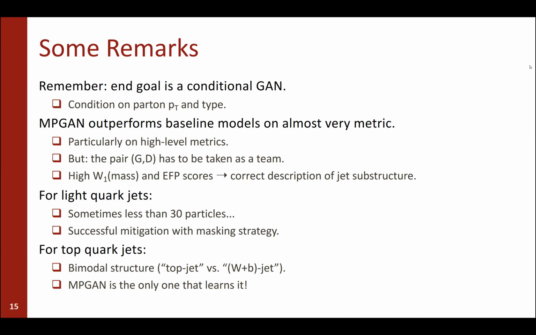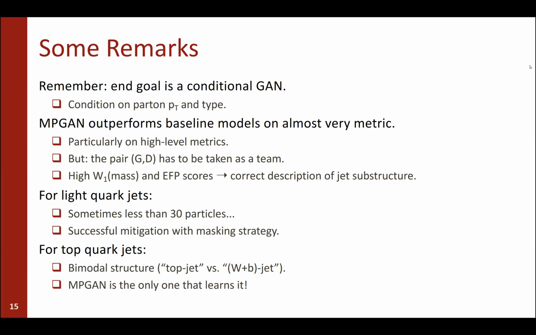It's pointless to try to use one generator with a different discriminator. For the light quark jets, we managed to successfully use the masking strategy and teach it to the MP GAN. And for the top quark jets, we saw that only the MP GAN managed to catch the bimodal structure.